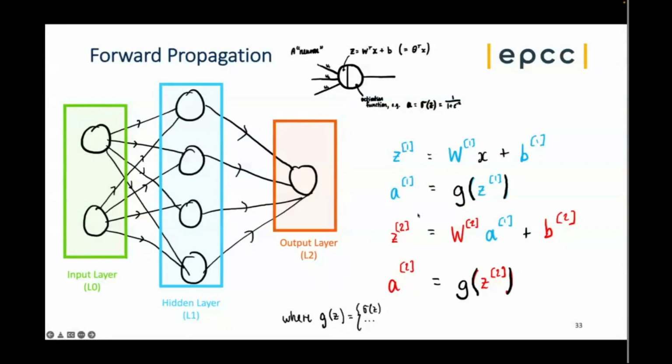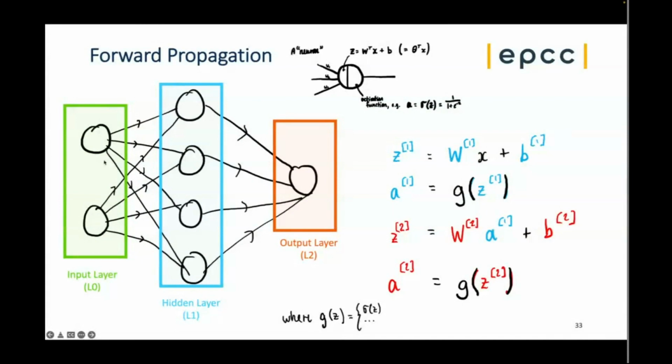The next layer is calculated in the same way as the first one, but now instead of having the X values in, we use the values that come out of here as the input to here. So we just go through the graph, forward propagation. At each stage, we multiply the incoming data by the weights, add the biases, and then perform the activation function.